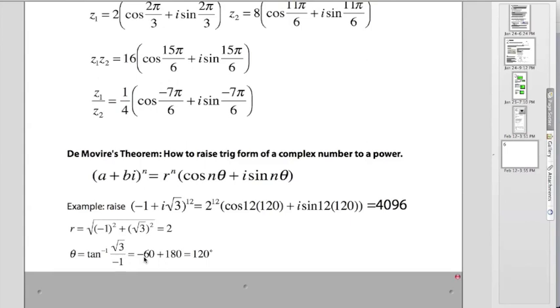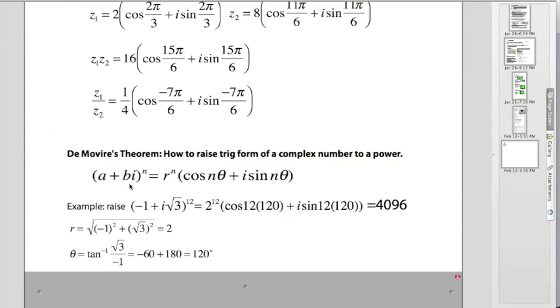You always, always, always add 180 degrees whenever you have a negative for your x, or for your horizontal component. And so that gives me an angle of 120. I simply plug those in here and here, and I worked out each part separately, and then I multiplied through by my 2 to the 12th power. And that is how you use de Moivre's theorem.